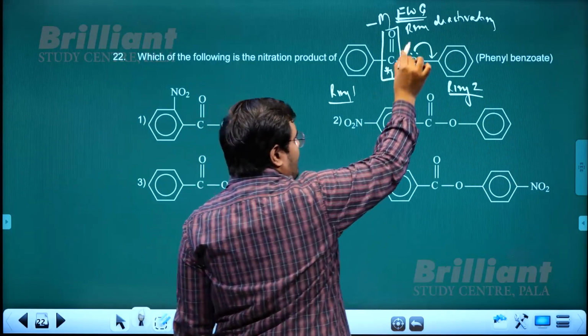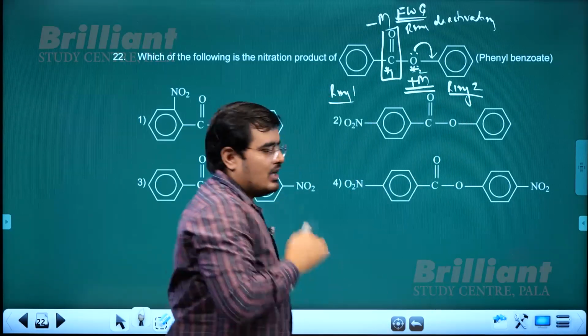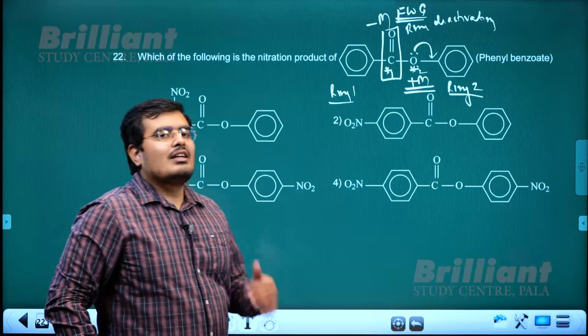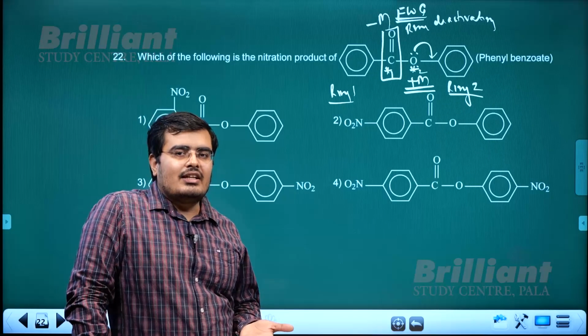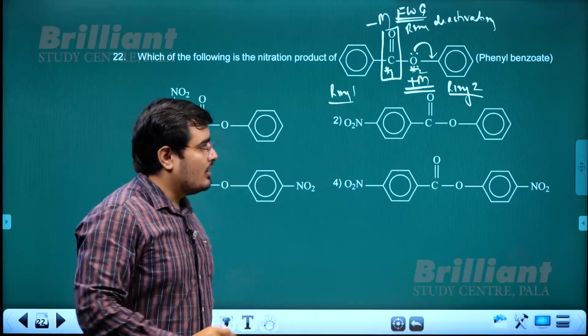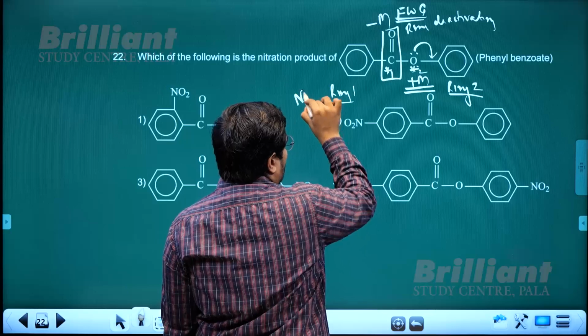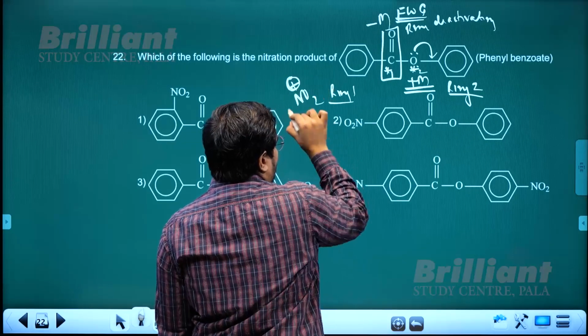And we know this lone pair of electrons can be donated into the ring due to its plus M effect. If it donates electrons into the ring, it will increase electron density in the ring, thus activating it towards electrophilic aromatic substitution. Since we are talking about nitration, NO2 plus will be the electrophile.